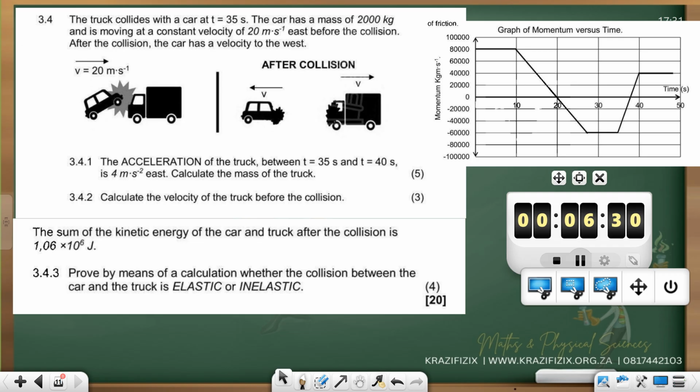For which question? 2.2.3. Now, in 2.2.3, we were dealing with Newton's laws, right? It wasn't under momentum, so don't write that there. But if you are doing momentum and the question says you should write Newton's second law, you can write it in terms of momentum. But if you are really doing Newton's law topic, write it as Newton's second law. Okay, Unati? Do you understand the difference? If the question was under momentum, then you can bring in that. But if it's on its own, under Newton's laws, please just write Newton's second law.